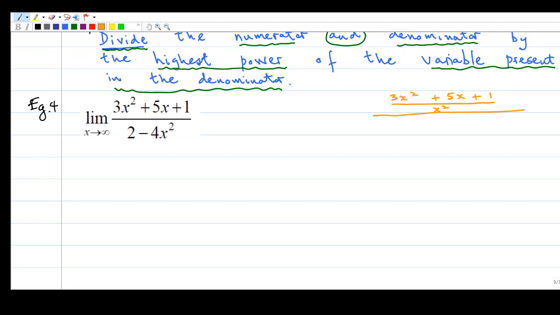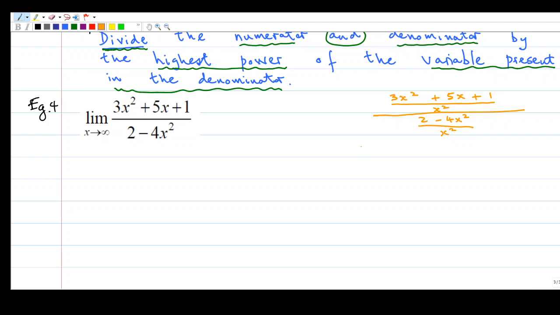And then I need to divide the denominator, which is 2 minus 4x squared. I need to divide that by x squared. So I'm dividing both the numerator and the denominator by the highest power of the variable present in the denominator. And that is x squared in this case.